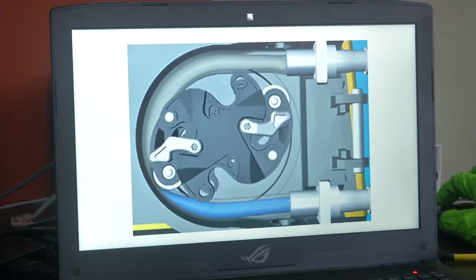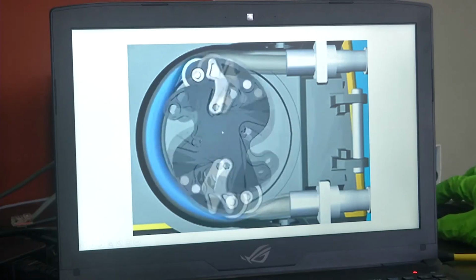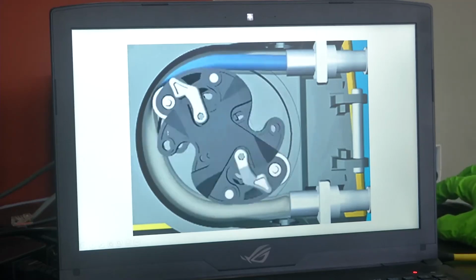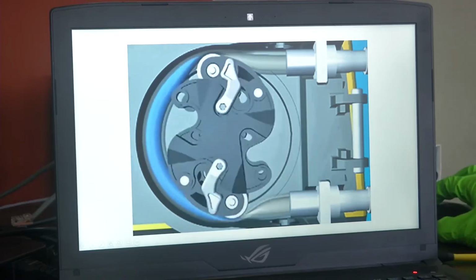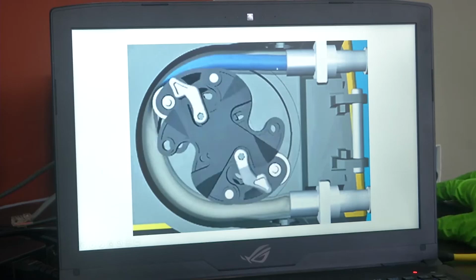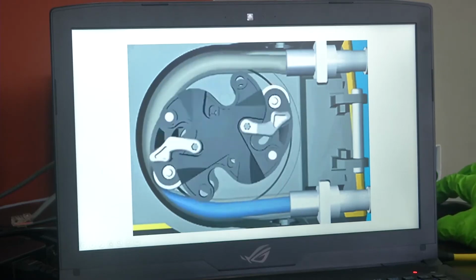The water or any fluid that is to be pumped will be coming over here, and when the roller rotates, this roller will come and push the fluid within the tube between the wall here and the roller, and push it to the other end. That's how the pumping of a peristaltic pump works.